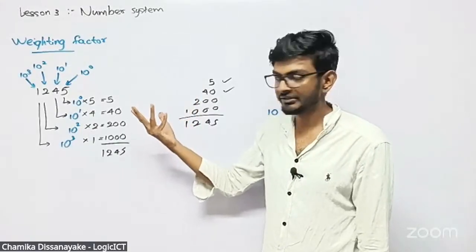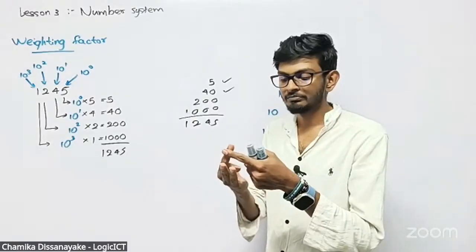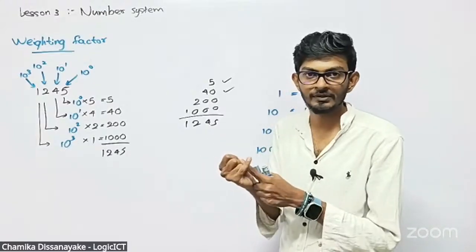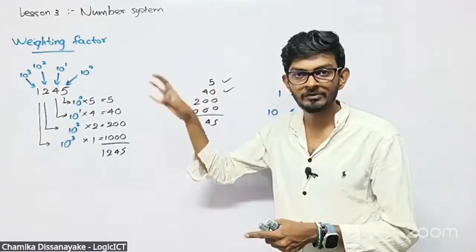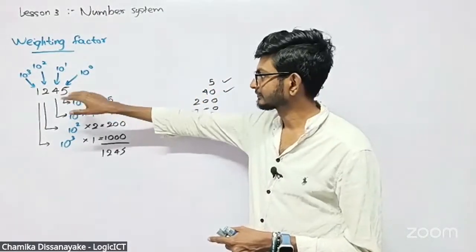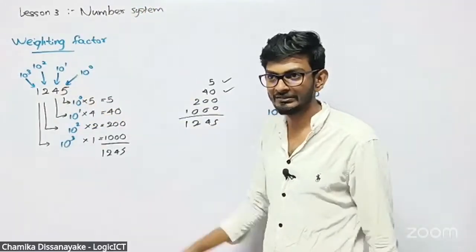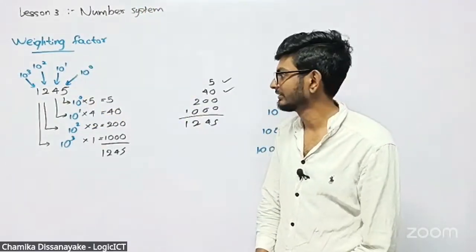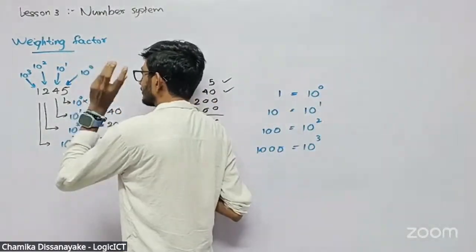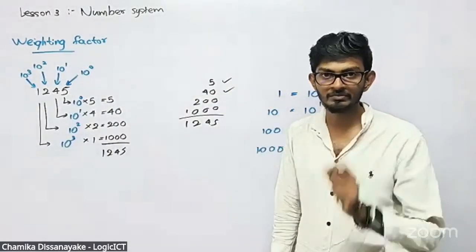Later, we are going to learn octal, binary, hexadecimal and decimal. Those number systems also have a form like this. I will tell you in that period. So here, this is the Hindu Arabic number system, or the decimal number system.